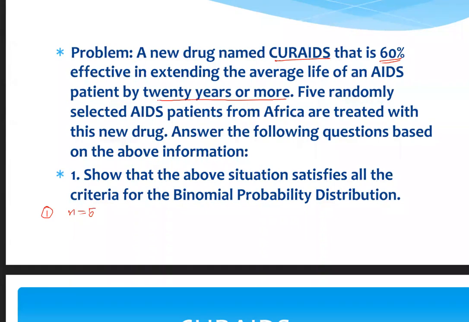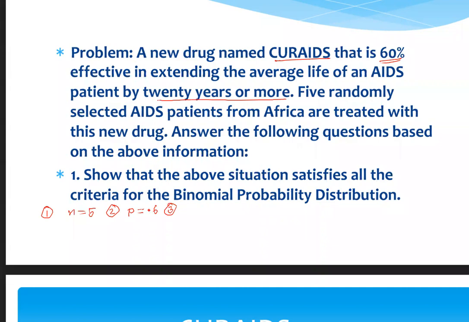Sure. Number 2. Probability is constant from trial to trial. That is p is equal to 0.6. See, somebody else.